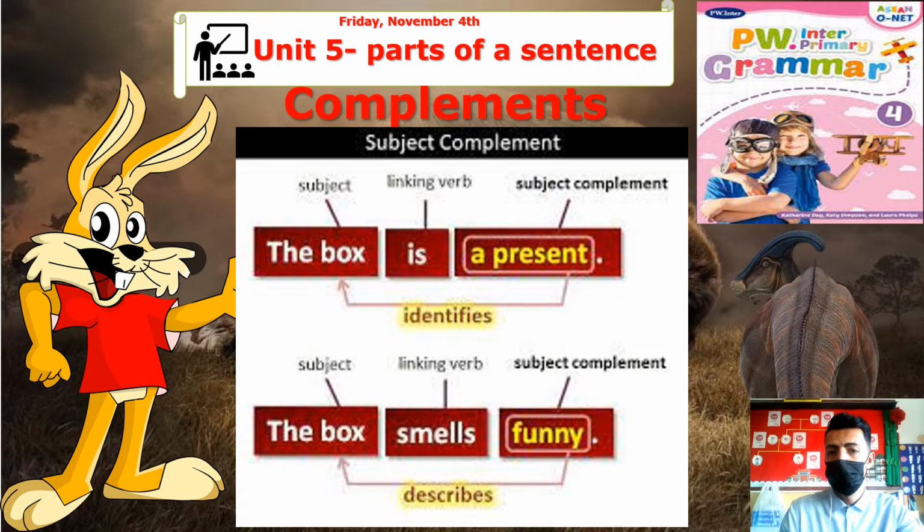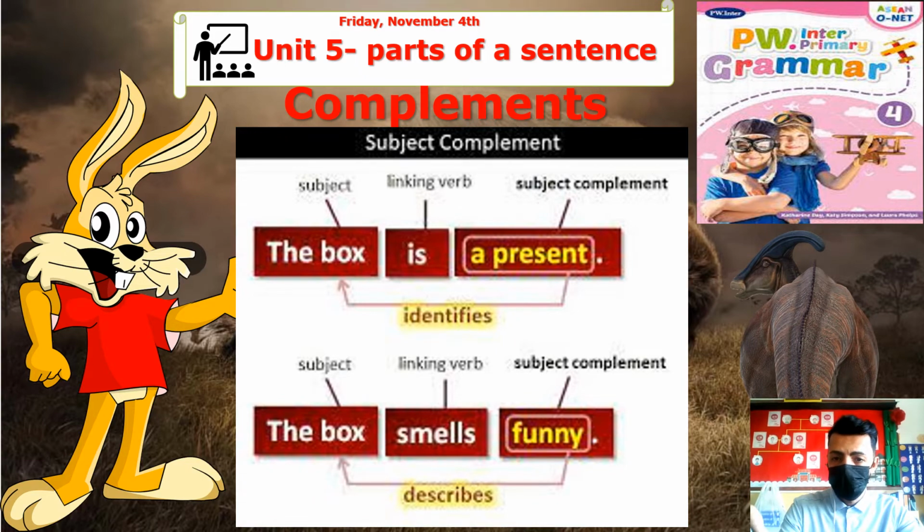As we mentioned, complements not only complete the sentence, but they also give information about the subject. The box is a present. Present describes the box, it's a gift. The second one, again, the box smells funny. Here, the complement funny is an adjective.